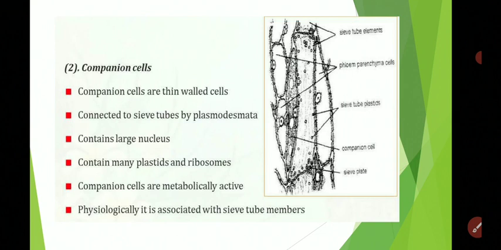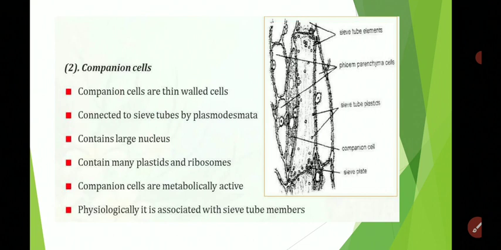The second element of phloem is companion cells. Companion cells are thin-walled cells. Look at the diagram. They are connected to sieve tubes by plasmodesmata, and contain a large nucleus, many plastids and ribosomes, and these companion cells are metabolically active. Physiologically, they are associated with the sieve tube member. Or we can say these are isodiametric cells.